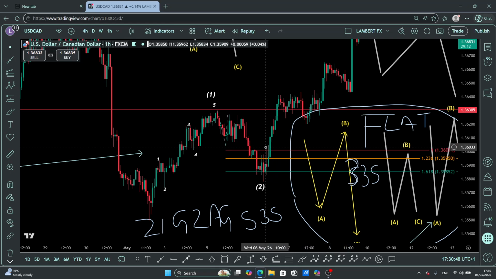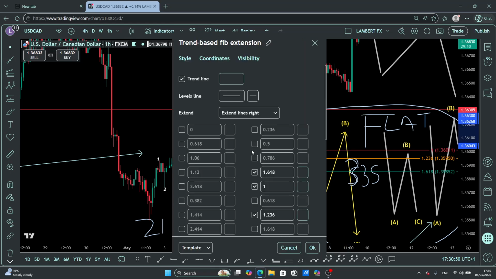Okay, so if you double click on this, you can choose the fibs. The fib numbers that you need are 0.618, 1, 1.618, and 1.236. These are the four fibs that you need to identify your corrections.